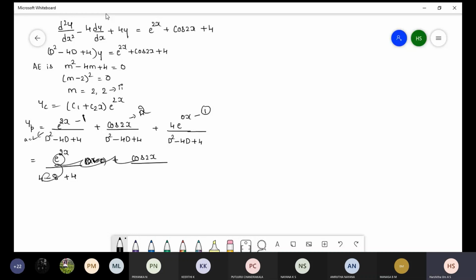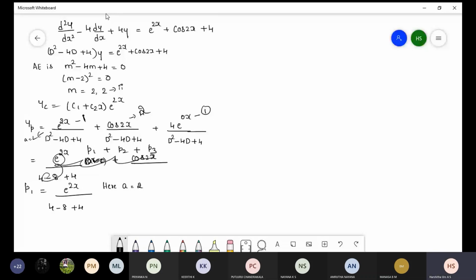Wait a minute. Instead of writing this one, I write P1 plus P2 plus P3. So for P1, e power 2x divided by, here A is equal to 2. So 4 minus 8 plus 4. So here we get e power 2x divided by denominator is equal to 0.